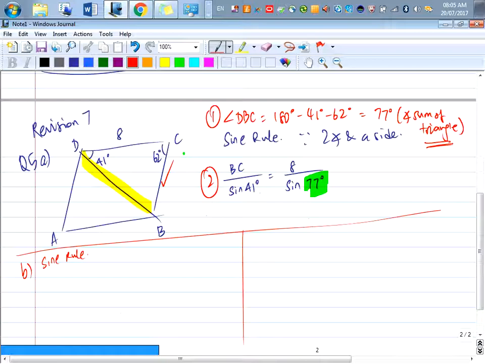Okay, never mind, tell me your equation. Have you written down your equation? Then you just write sine rule, but do you know why? Yes or no? Sophia, help her. Sine rule, why?